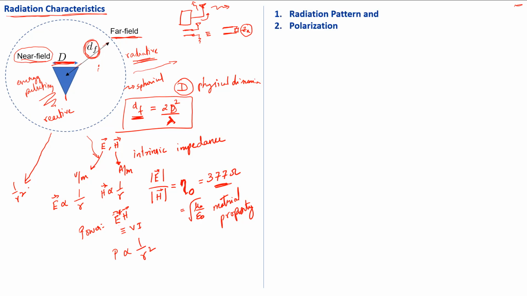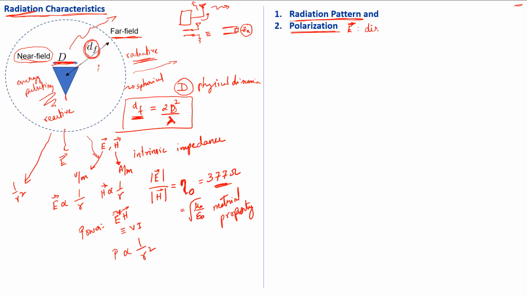Now there are two important parameters that we need to know when it comes to the radiation characteristics. One is how the pattern of radiation is going to be, and second is the polarization. We know that polarization is the direction of the electric field. An antenna is going to radiate electromagnetic energy, out in the far field is the electric field, and that electric field is a vector.